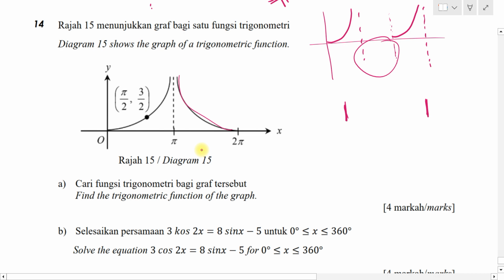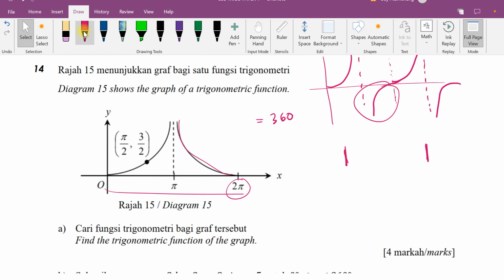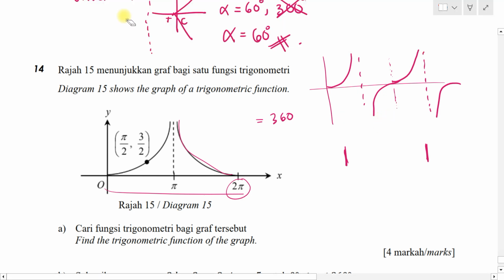And you need to have a tangent. You see, 2 pi. 2 pi is 360, right? But at 360 it goes only half a cycle. Is it half a cycle? Let's see how it counts a full cycle. For example, look at the basic.